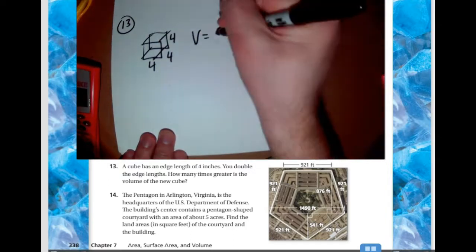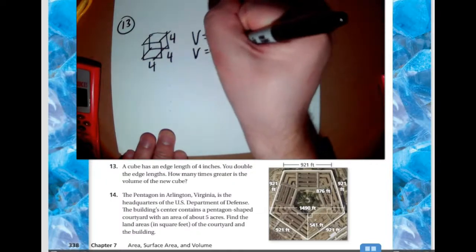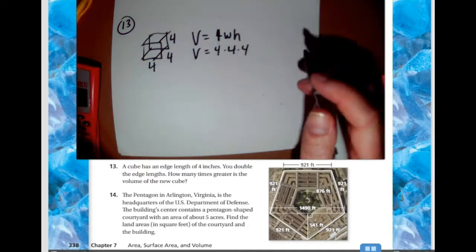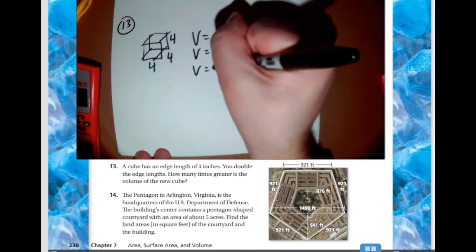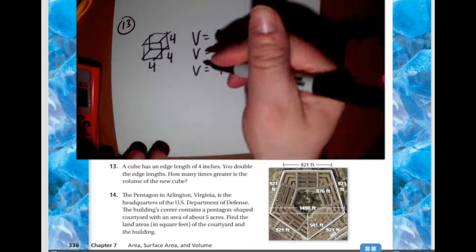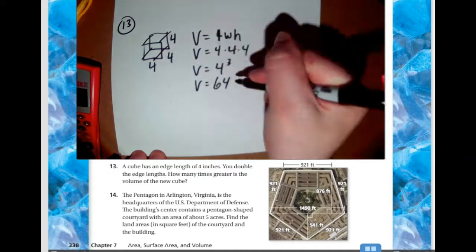For the volume here, think length times width times height, or 4 times 4 times 4, right? Or think of that as 4 to the 3rd power. Either way, if you do this on your calculator or by hand, we come up with 64. 4 times 4 is 16, and 16 times 4 equals 64.